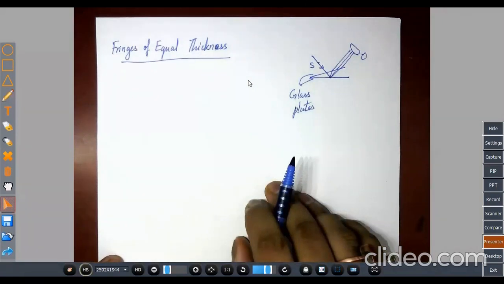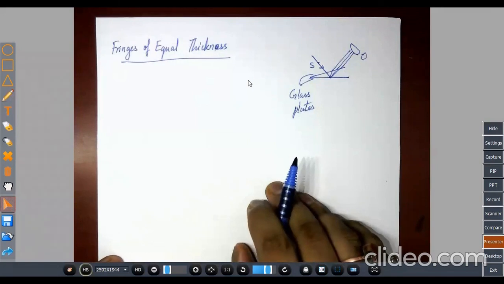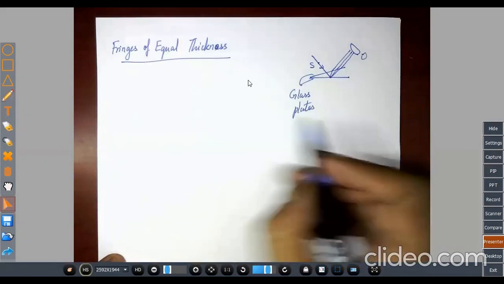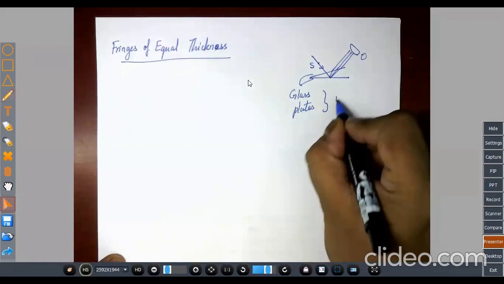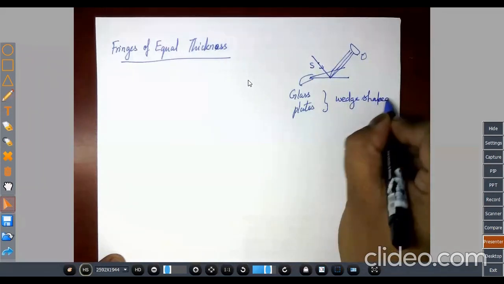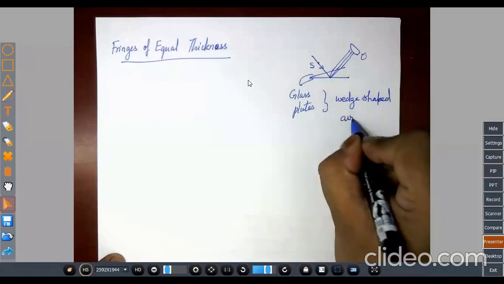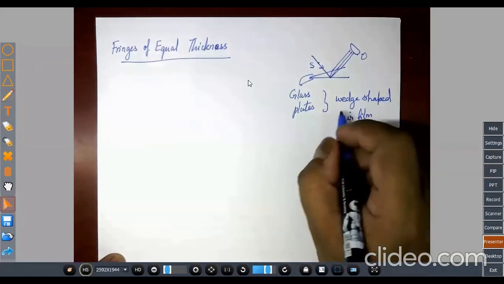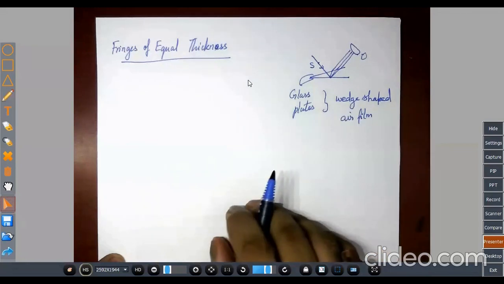In the Michelson interferometer, if the two mirrors are in an inclined position, we were getting straight line fringes. Similar will be the case here with this wedge shaped air film. Such a film with decreasing thickness is called a wedge shaped film.